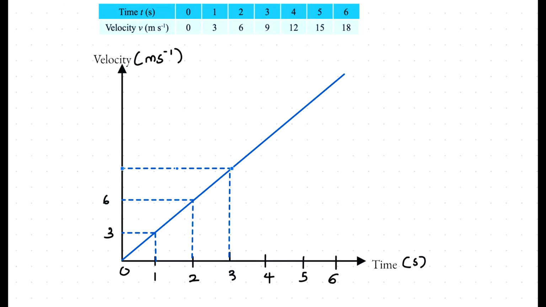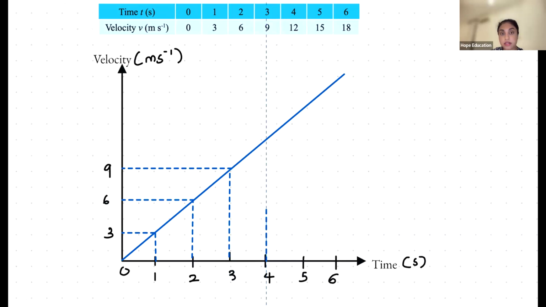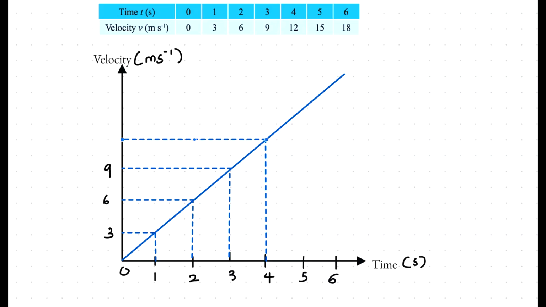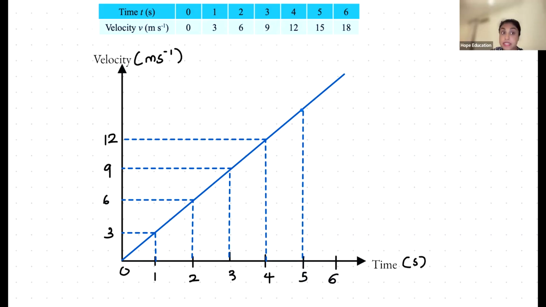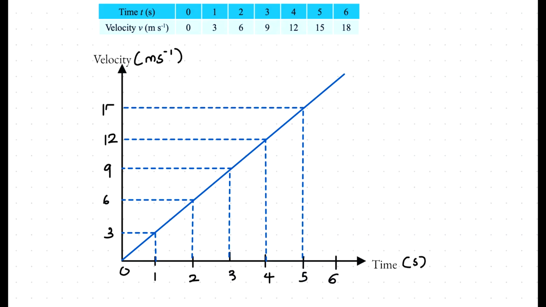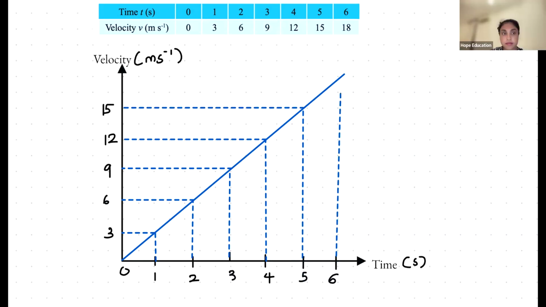And when the time is 4, velocity is 12. And when the time is 5, velocity is 15, and when the time is 6, the velocity is 18.